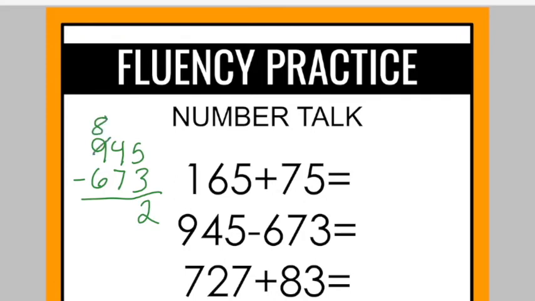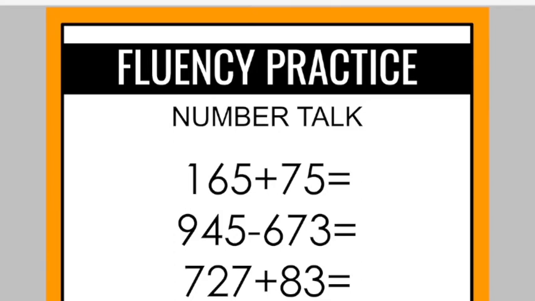It's now an 8, and my 4 is now a 14. So 14 minus 7, I'm going to count down from 14 until I get to 7. 14, 12, 11, 10, 9, 8, 7. So that is 7. And 8 minus 6 is 2. So our answer is 272.